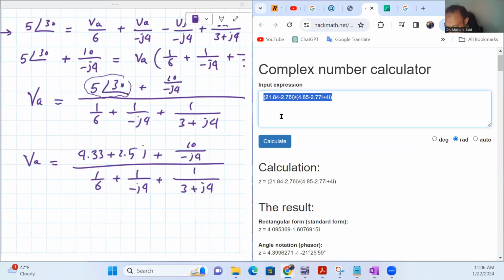So use my method here. So we need numerator and denominator. So just make a parenthesis for each one. So this is a parenthesis now for the numerator. We have 4.33 plus 2.5 I. Yeah, this one.